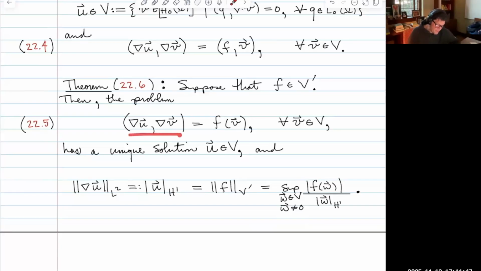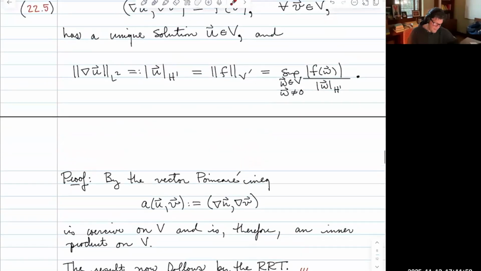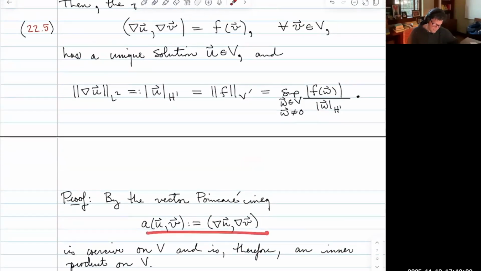It's clearly symmetric, it's clearly continuous, and it's clearly bilinear. The only question is, is it coercive? So this object here is a coercive bilinear form, and that's due to the Poincare inequality. The proof is exactly the same as for the Poisson equation. It's really more or less exactly the same.